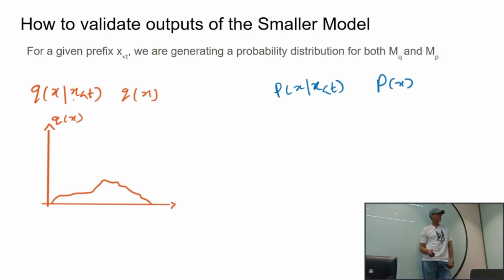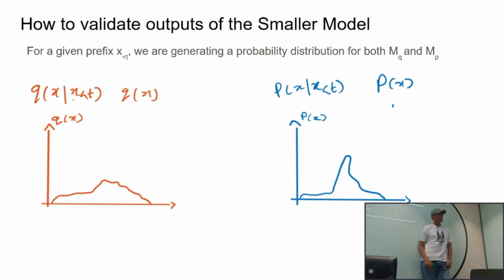Similarly, the larger model will also generate a probability distribution, p of x, given the same input, and that distribution would look something like this. If you see, the distribution generated by the smaller model is rather smooth and uniform as compared to the distribution by the larger model, which has a very definitive peak.